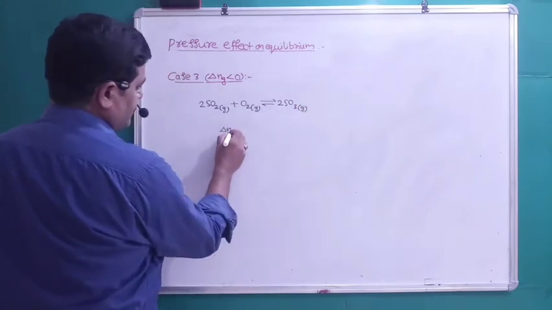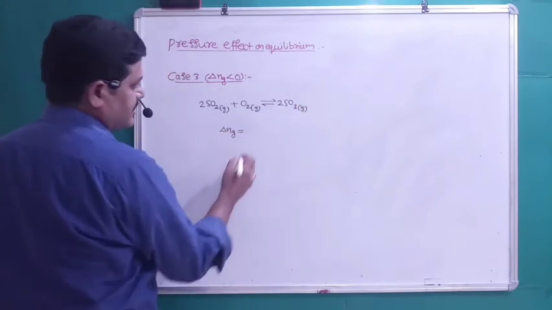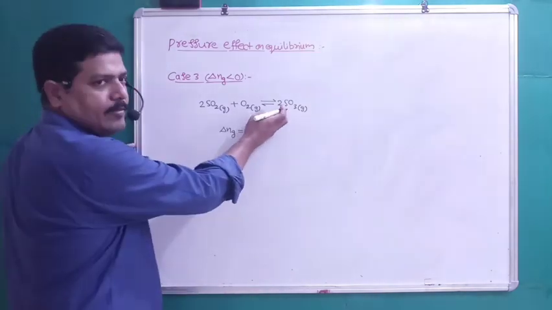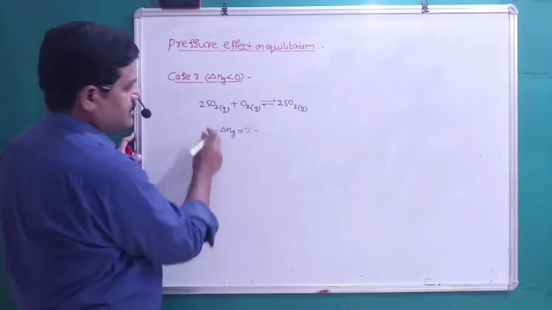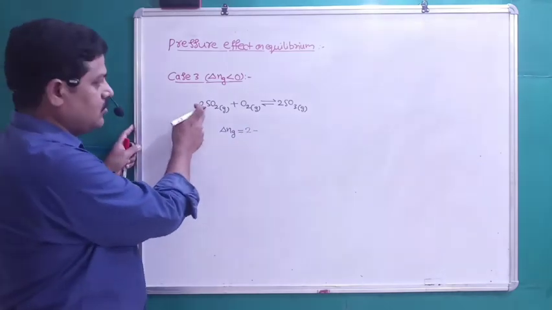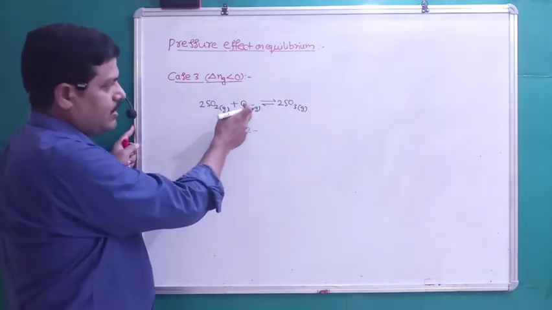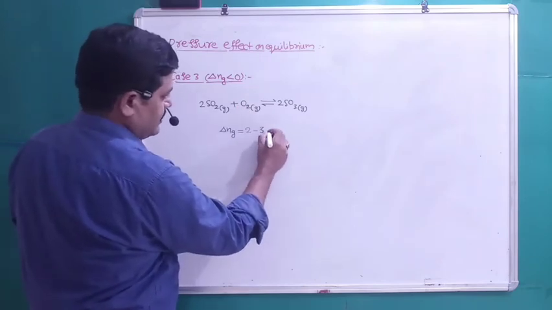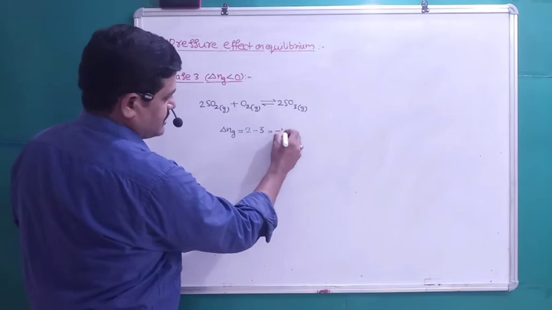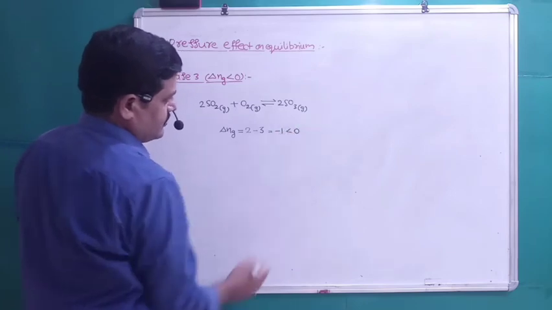Delta Ng is equal to the number of gaseous moles of products, 2 moles of SO3, minus the number of gaseous moles of reactants, 2 moles of SO2 and 1 mole of O2. The total number of moles of reactants is 3. 2 minus 3 is minus 1, which is less than 0.